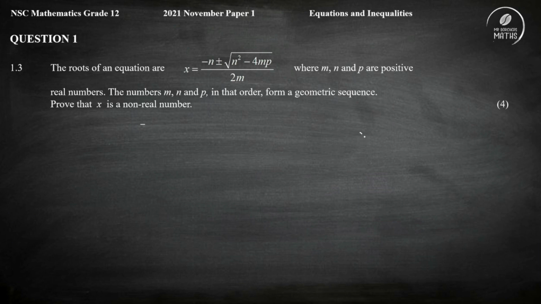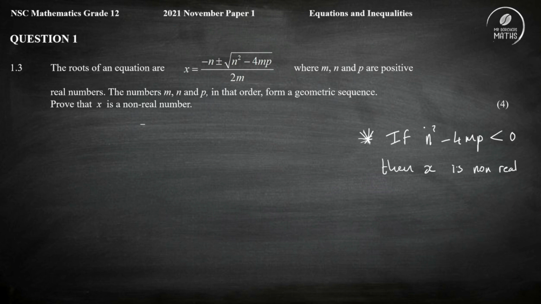Okay, we're just going to put a little side note to begin with. The question is asking us to prove that x is a non-real number. What would make x non-real? This is the key idea here: if n squared minus 4mp, in other words, the discriminant of this equation, is less than 0, then we could say that x is non-real.